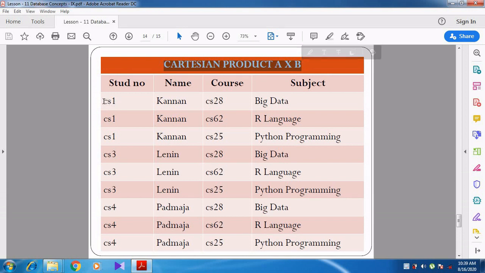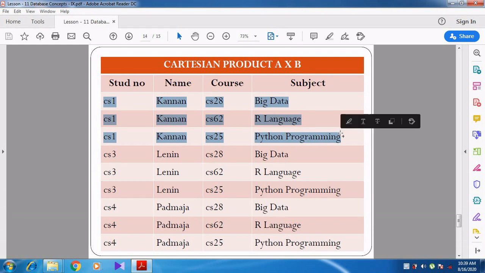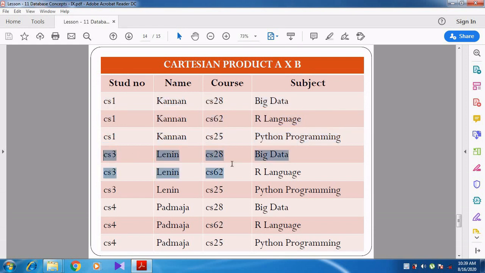Now you see here CS1 Kannan, CS28 big data; CS1 Kannan, CS62 R language; CS1 Kannan, CS25 Python program. Now we want to go for Lenin: CS3 Lenin, CS28 big data; CS3 Lenin, CS62 R language.